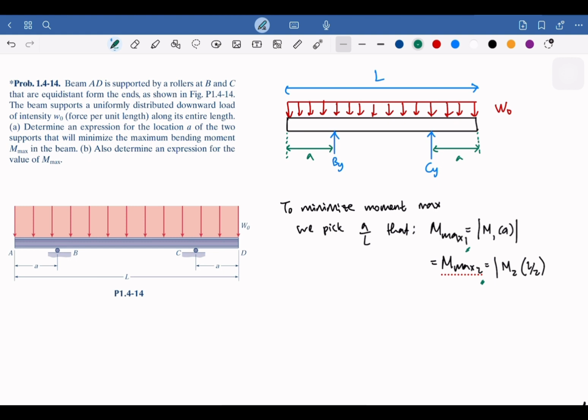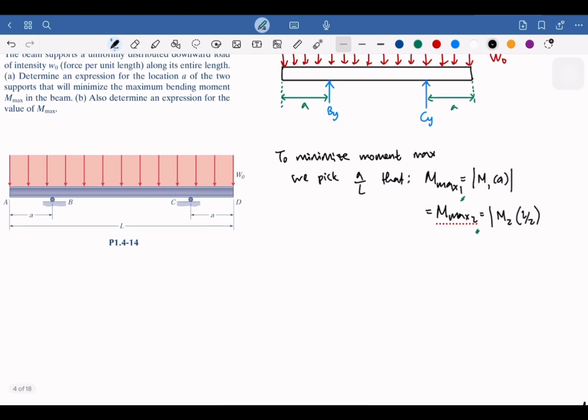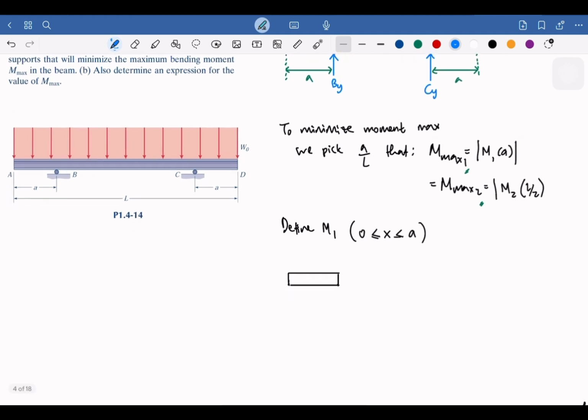So let's define M1, that is going to be from 0 to A. Let's say this is going to be the X, so this is in between 0 and A. So let's say we have a new distance X. And we have the distributed load, which is the W0.